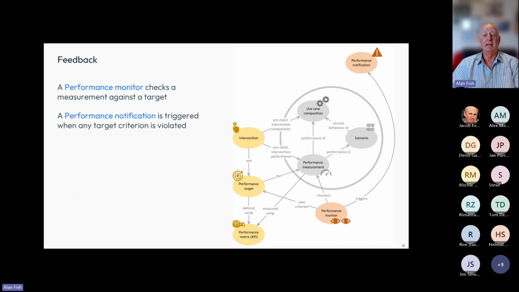And if it finds that any of those criteria have been violated, it triggers a performance notification. The exact effect of that notification would vary from use case to use case, but the important thing is it results in the user being notified of the event, because the performance notification is an event. The user can then respond as they see fit, typically by making another intervention.